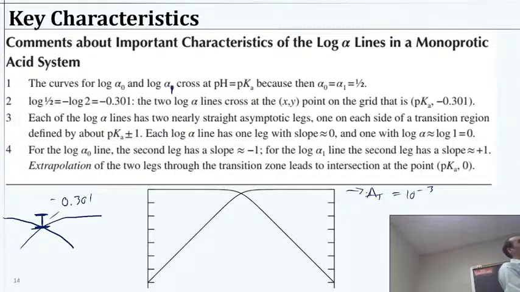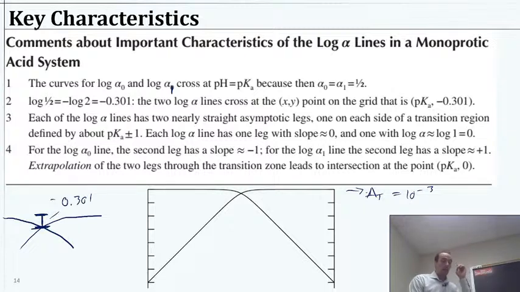We would subtract the 0.301 from the exponent there, and we could find our new concentration. And that would always be the case. We don't have to do it that way, I'm just pointing out that would get us there. Okay, so that's what this second point is making.